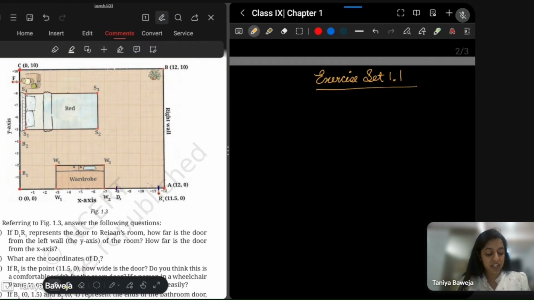The door is starting at D1. So from the origin, how far is it? 1, 2, 3, 4, 5, 6, 7, and 8 units. So how far is it from the y-axis or the left wall? It is 8 units away from the left wall.